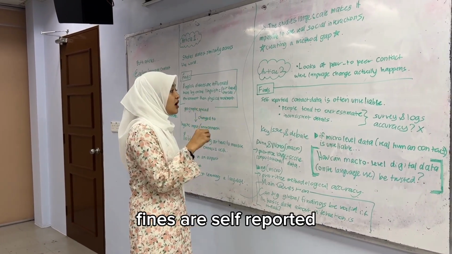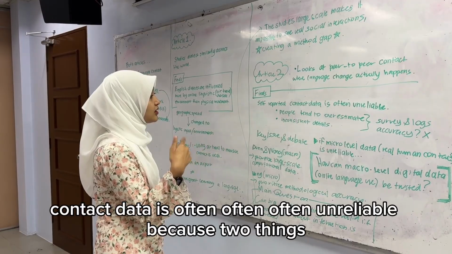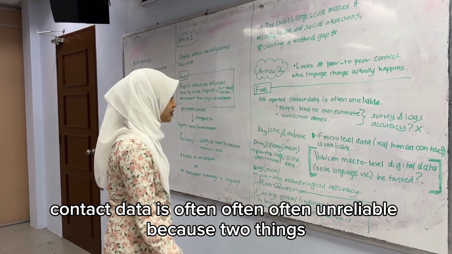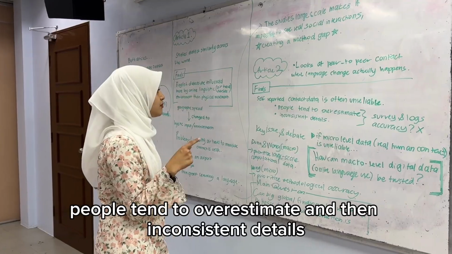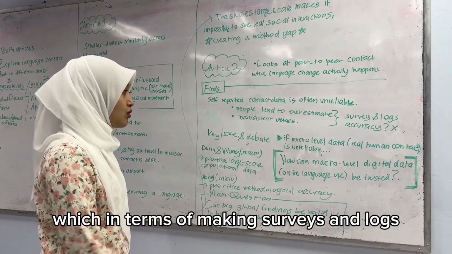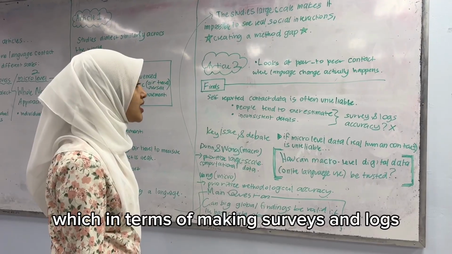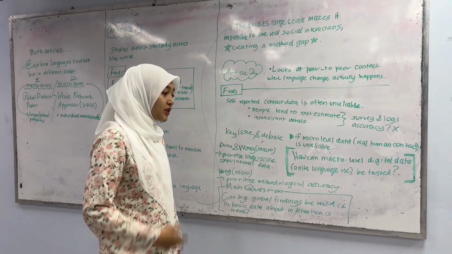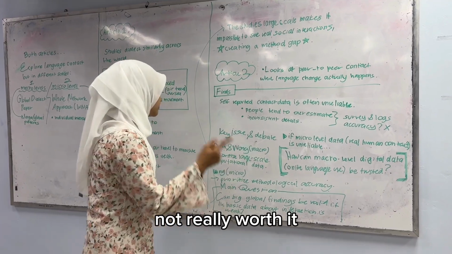Article 2 looks at peer-to-peer contact, where language change actually happens. The findings are that self-reported contact data is often unreliable, because people tend to overestimate and give inconsistent details, which makes surveys and logs not really worth it.